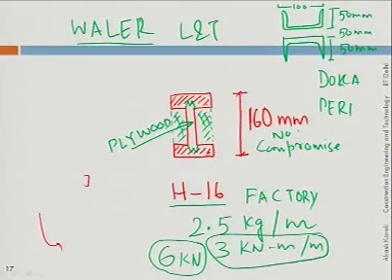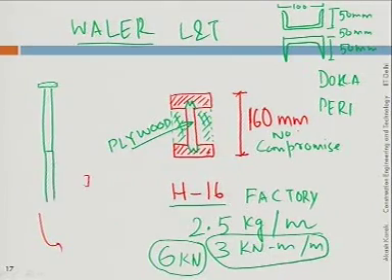Now I will show you the alignment prop. Alignment prop is something like this. In this you have top piece, then you have bottom piece, in between you have some space for alignment, I mean there are threadings.